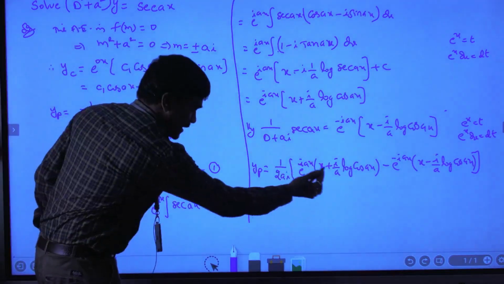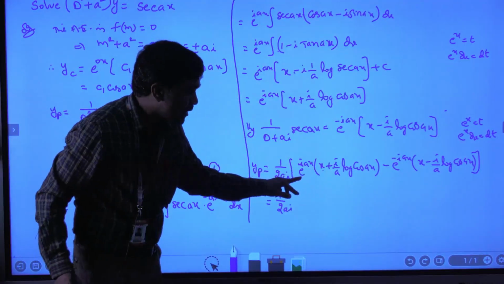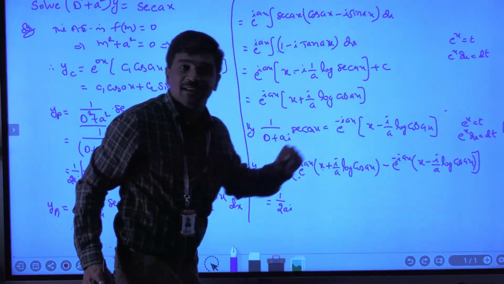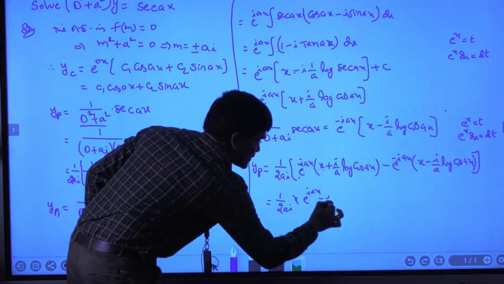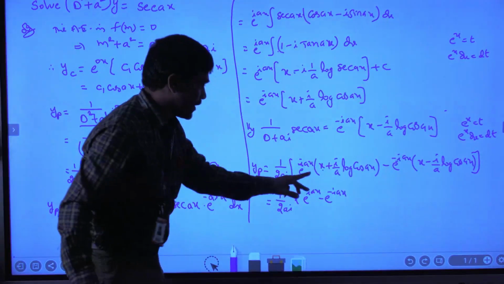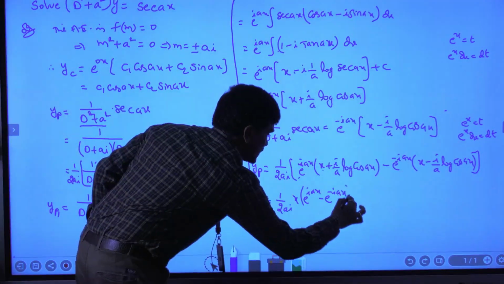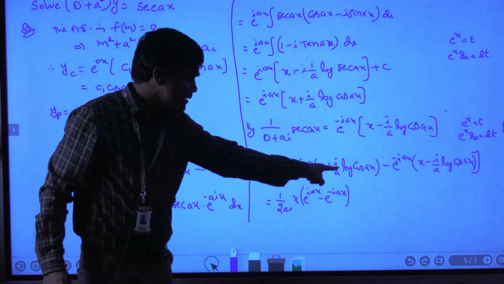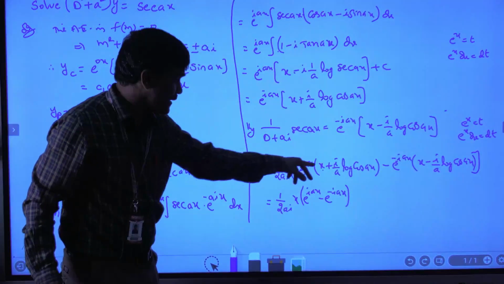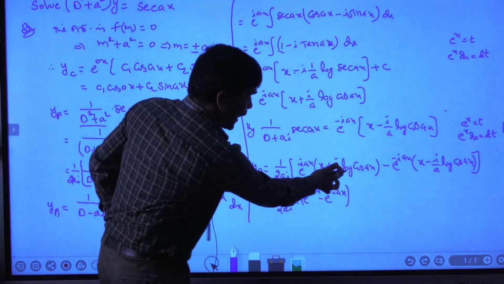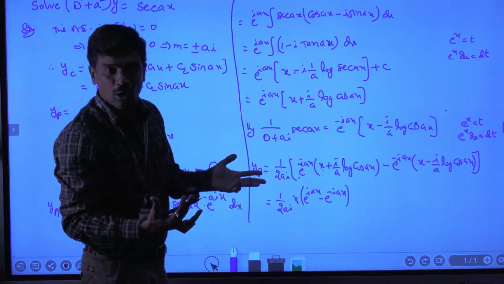Now simplifying this, multiply by 1 by 2ai. So x is common: x (e power iax minus e power minus iax) by 2ai. In the other term, i by a log cos ax is common, so 2ai, i cancels, and we get 2i log cos ax by a.